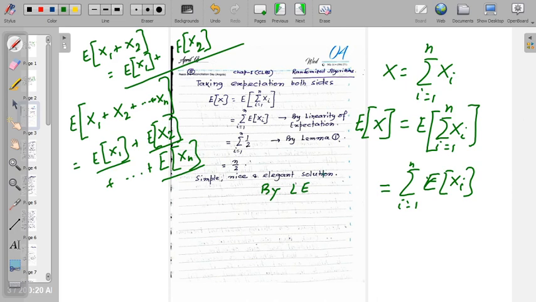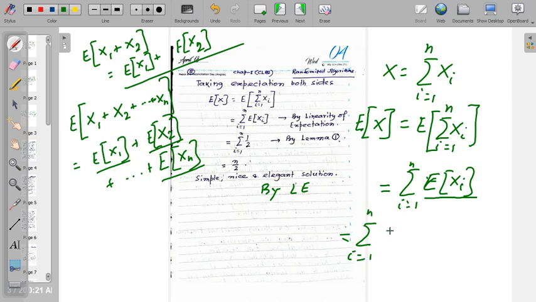And now what does the expectation of xi mean? This is for a single coin flip experiment. Then we have to apply that Lemma 1: the expectation of xi is the probability that the ith flip results in head.